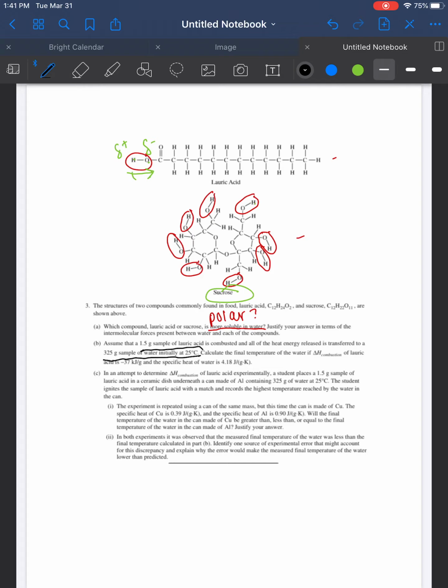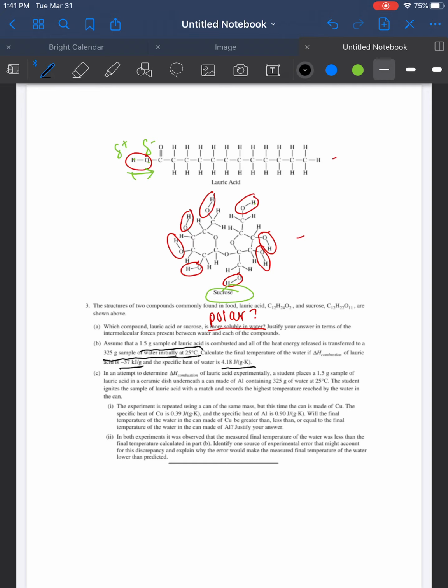Calculate the final temperature of the water if delta H of combustion of lauric acid is negative 37 kilojoules per gram and the specific heat of water is 4.18 joules per gram Kelvin.